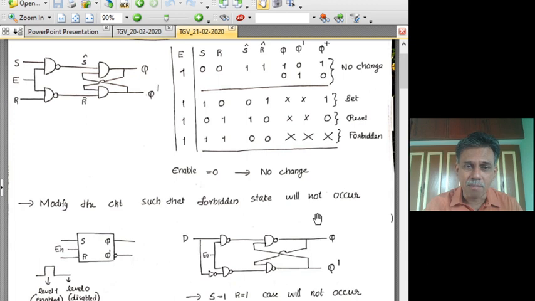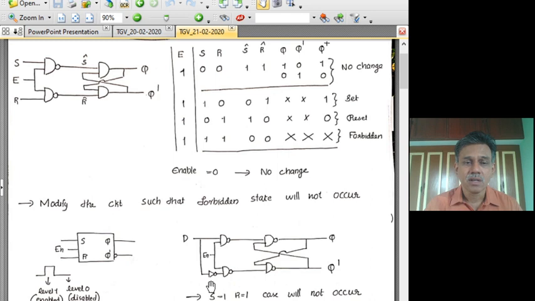So with this in mind, we will have just one input and call it the D input. We connect the D input and use it as the S input of this SR latch. We complement the D input and feed it as the R input for this SR latch.